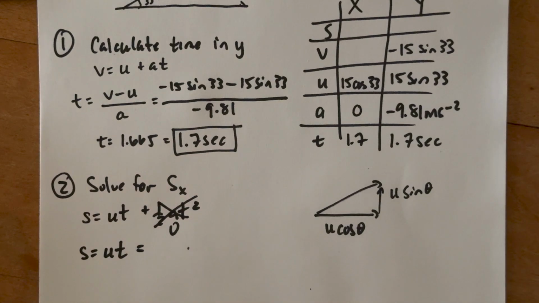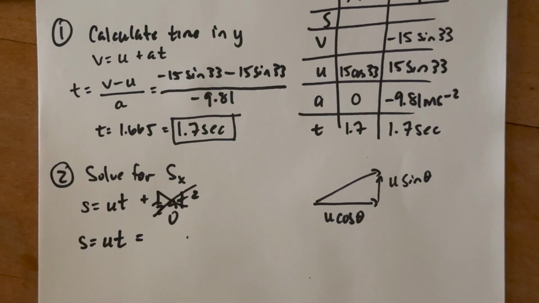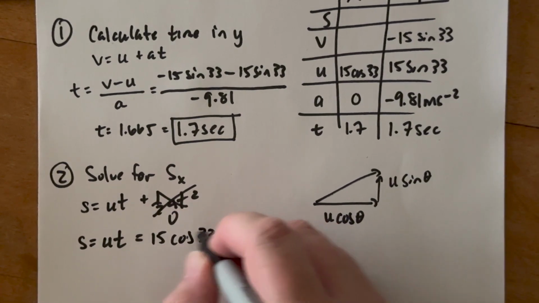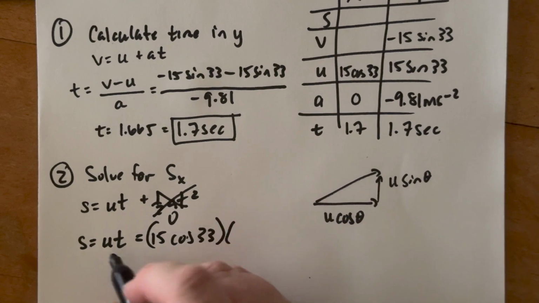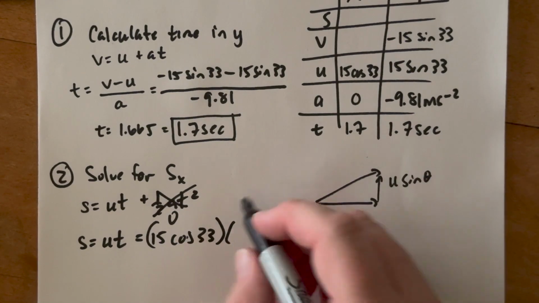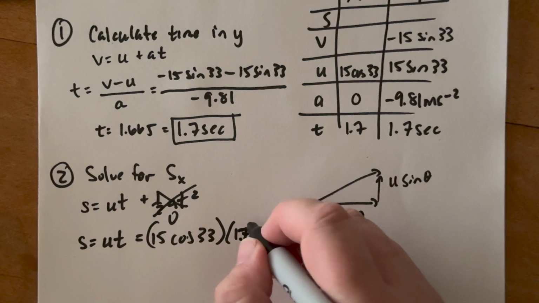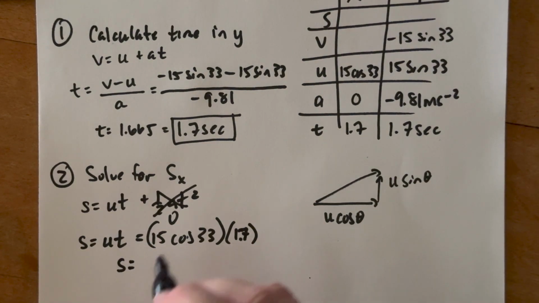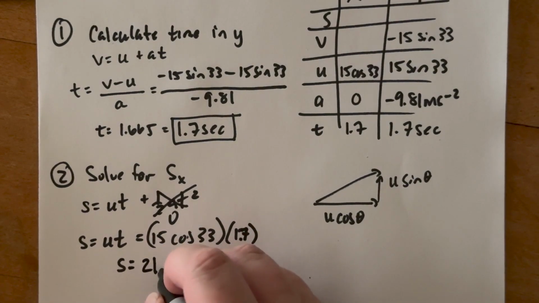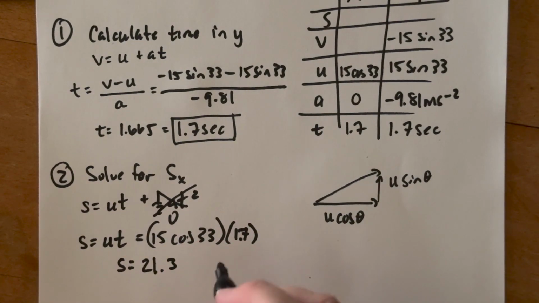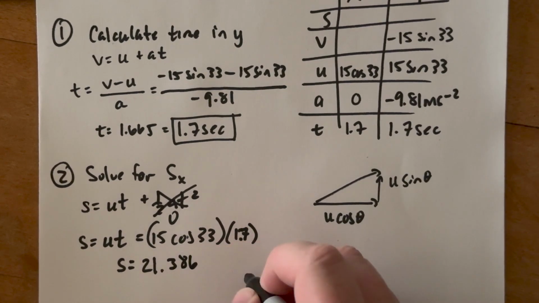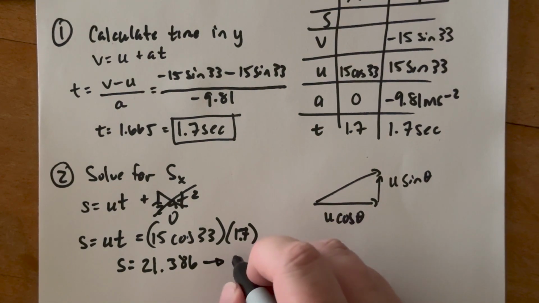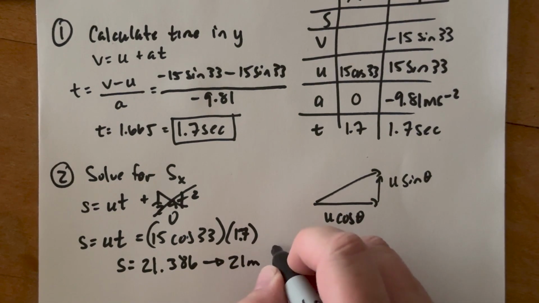Our u in the X direction is 15 cosine of 33, and our time is 1.7 seconds. When we multiply those together, our displacement is 21.386 with a bunch of other numbers. We'll bring that to 2 sig figs, so we have 21 meters.